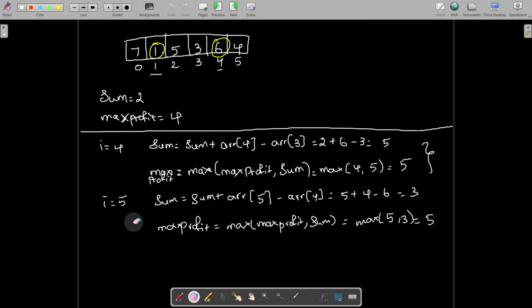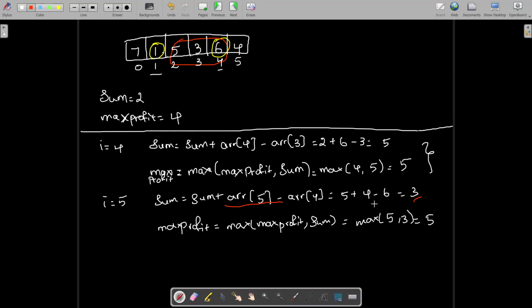Next, when i is equal to 5, the sum will be sum plus array of 5 minus 4. Here we have removed all this part and computed the profit: 4 minus 1, which is 3.